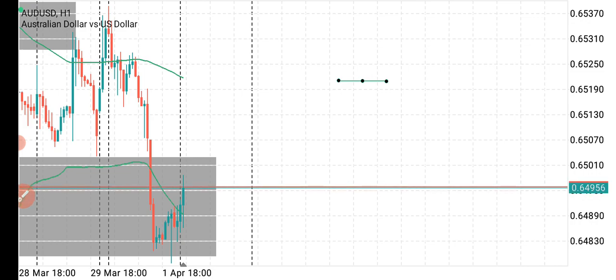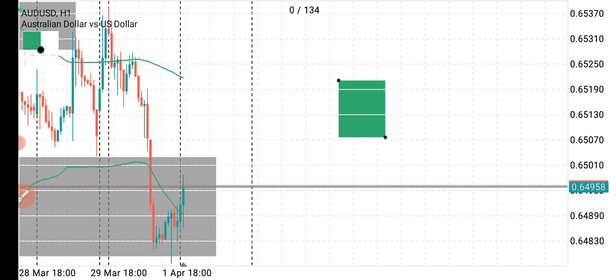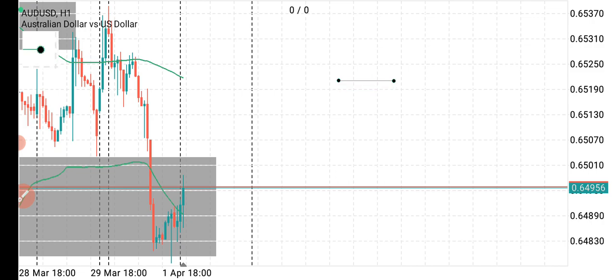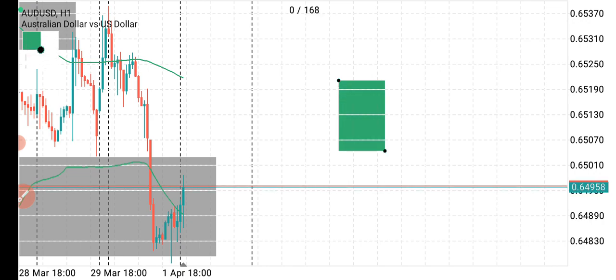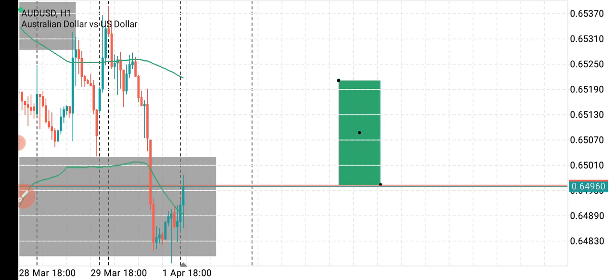Then you will realize that price will push to the downside, go up, push down, go up, push down, and then it will finally close at this level.